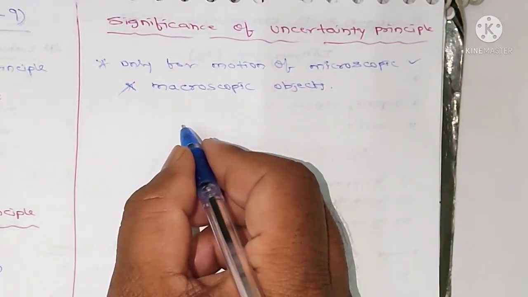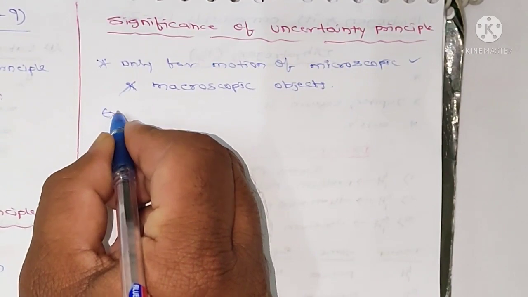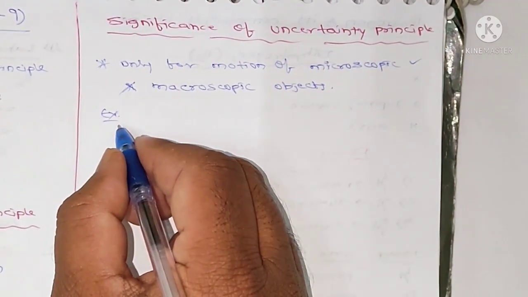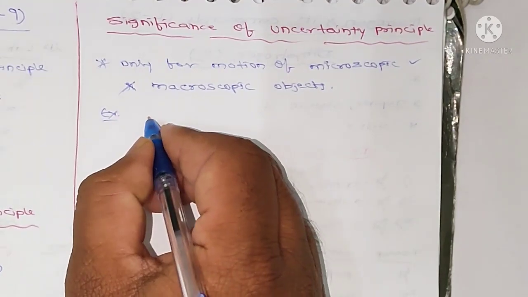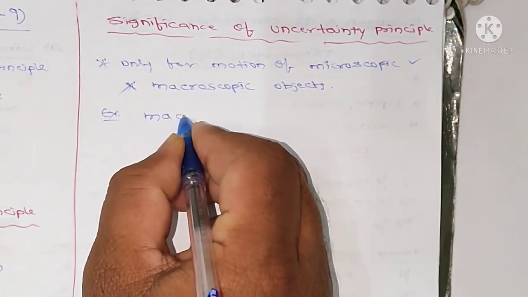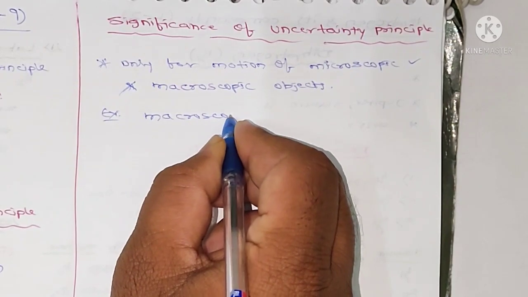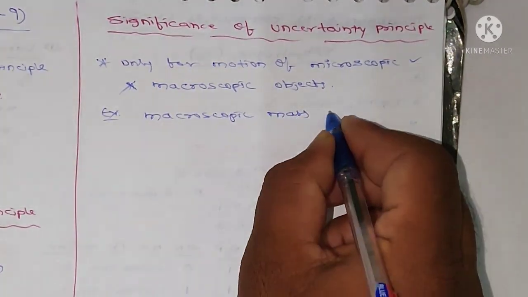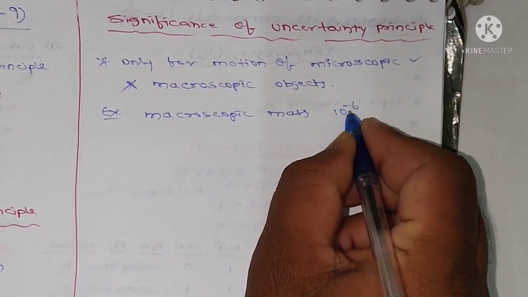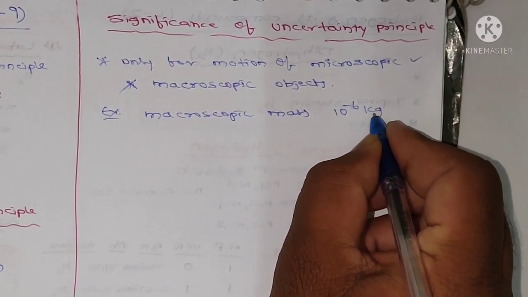Let me take examples. Example, the mass of macroscopic object is 10 to the power of minus 6 kg.